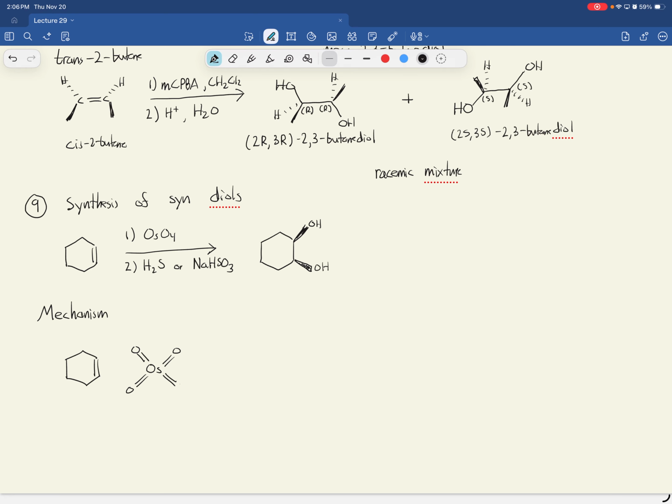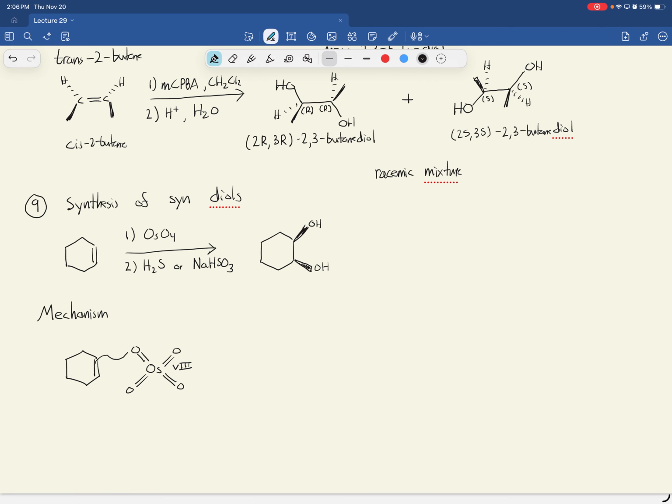So we would think about two of these oxygen atoms, right? They have to add to the same side of what? The same side of the alkene, right? In order to get those OH groups on the same side.